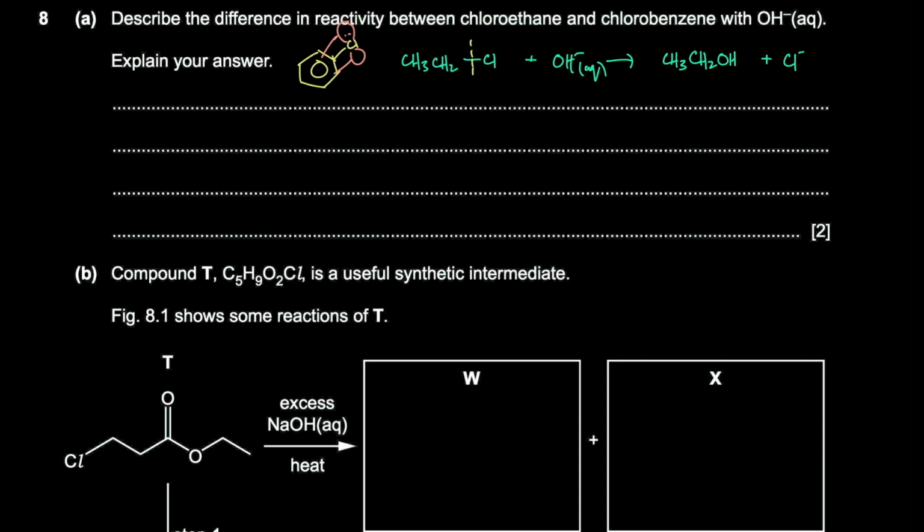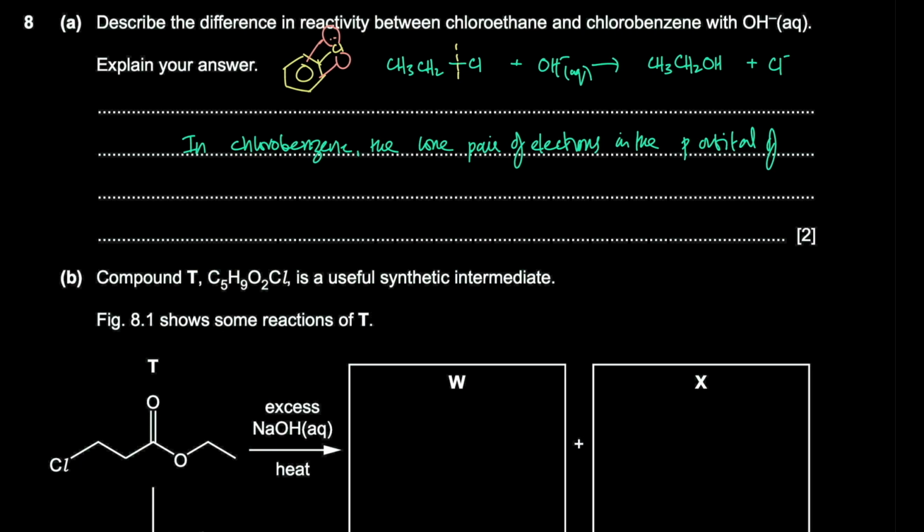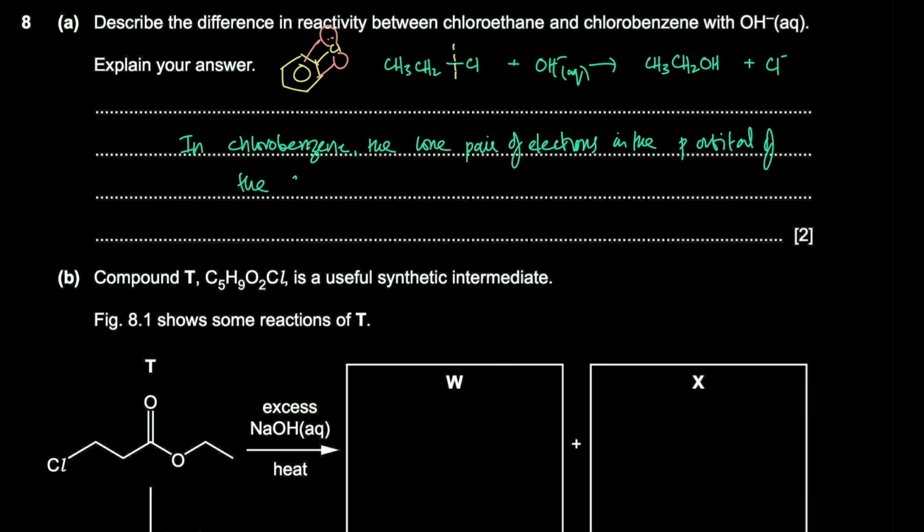So we can say that in chlorobenzene, the lone pair of electrons in the p orbital of the chlorine atom delocalizes into the benzene ring.